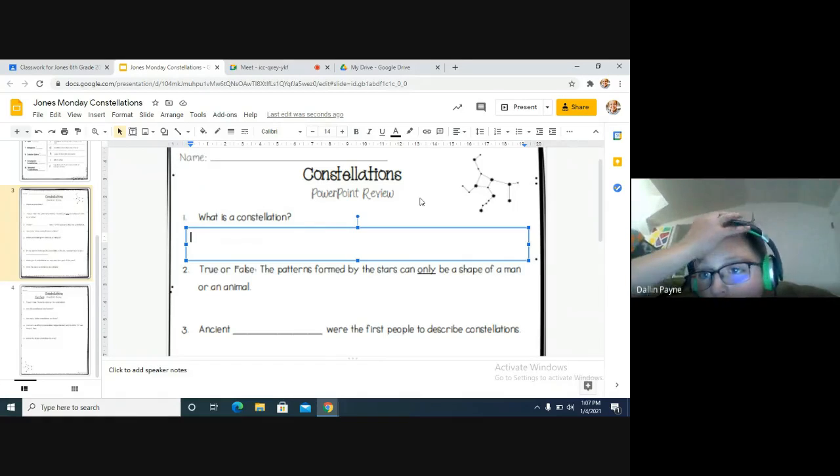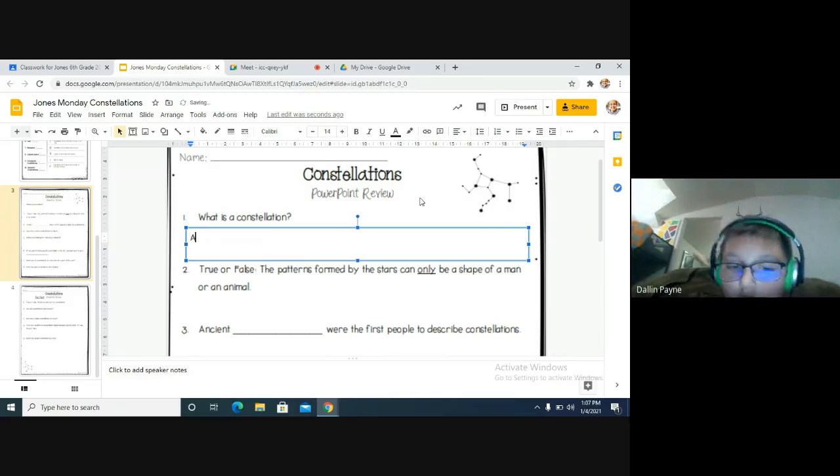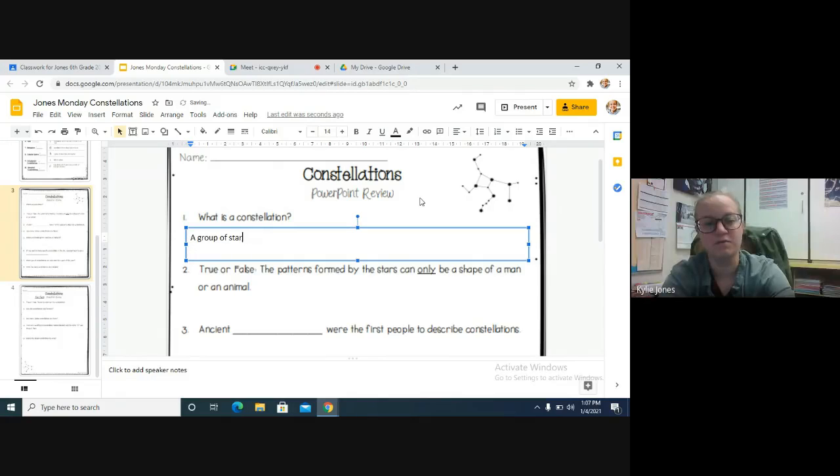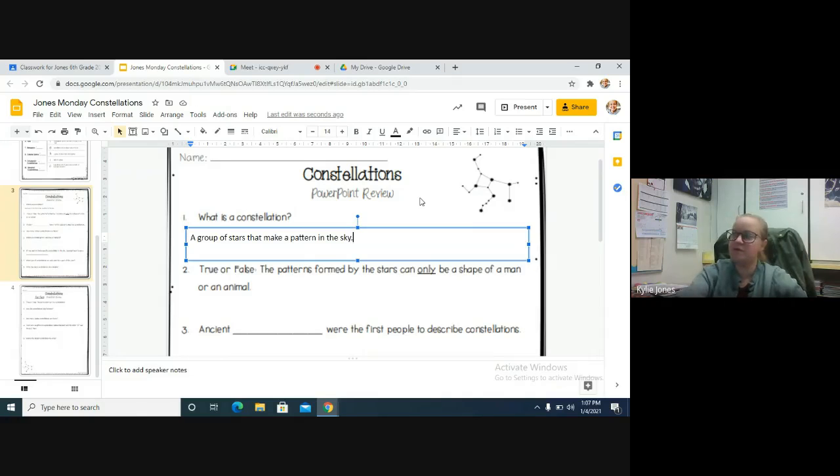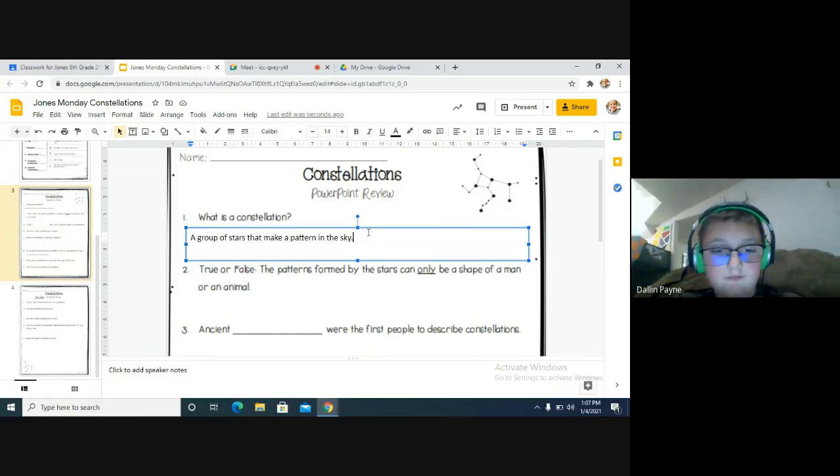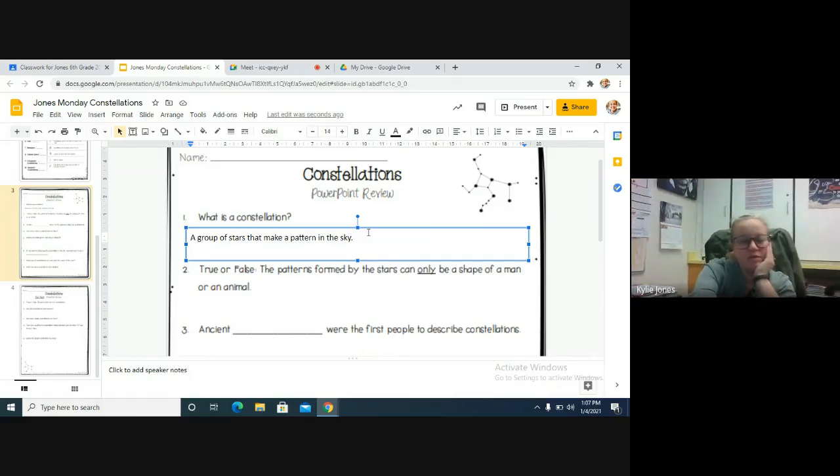A group of stars that make a pattern in the sky. Perfect. Do I need to make that bigger or can you guys see it? I could see it. Okay, I'll give you a second on this one.